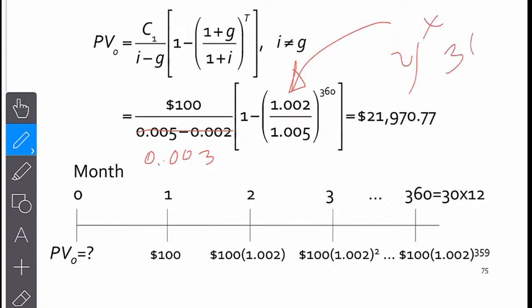Then use y to the x 360. I'll do this a second time if you fall behind. Then change the sign to a negative and add 1.